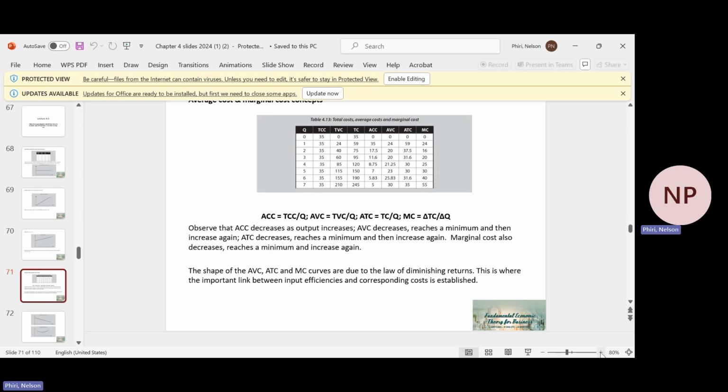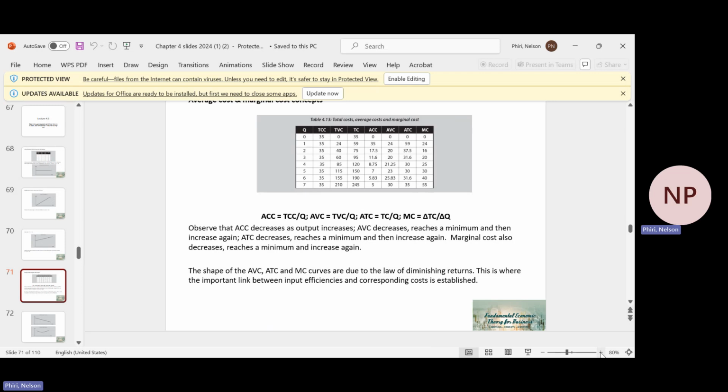Then you have your average total cost, which is TC divided by Q. Then you have your marginal cost, which is important, which is your change in total cost divided by change in Q. This is almost similar to what we covered with marginal output, where we said change in output over change in quantity. But for marginal cost, it becomes change in total cost divided by change in output. Marginal, remember, is the additional. So marginal cost is the additional cost that we incur for producing 1 unit.